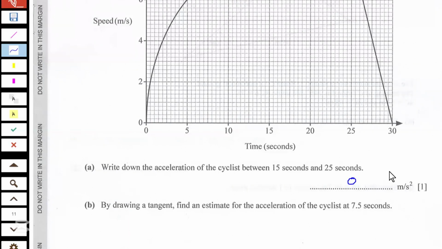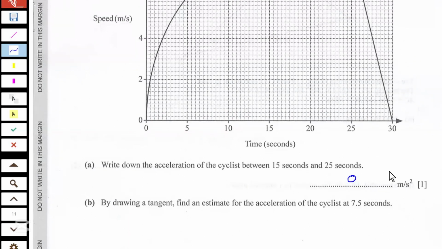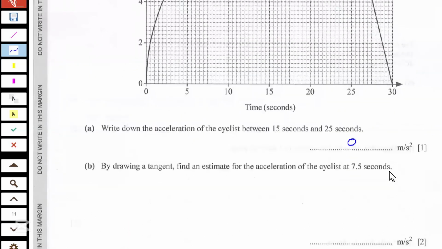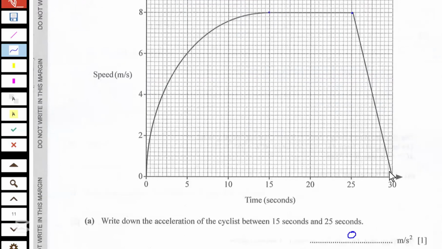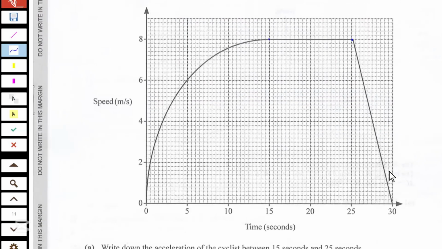Now question B: by drawing a tangent, find an estimate for the acceleration of the cyclist at 7.5 seconds. Let's go back and locate 7.5 seconds.